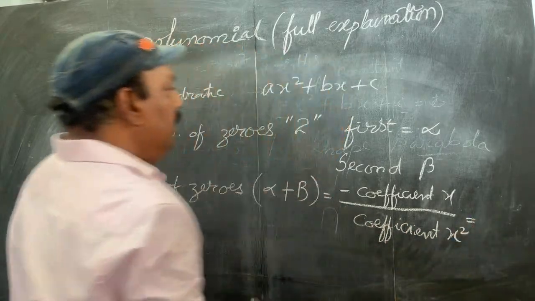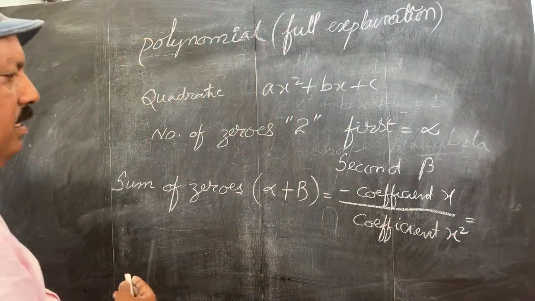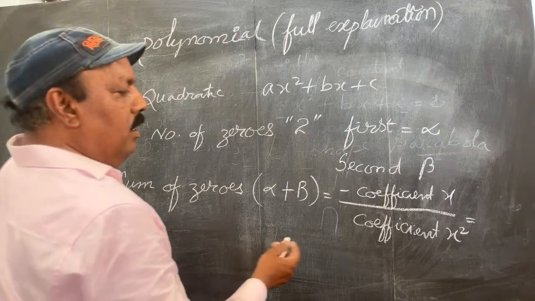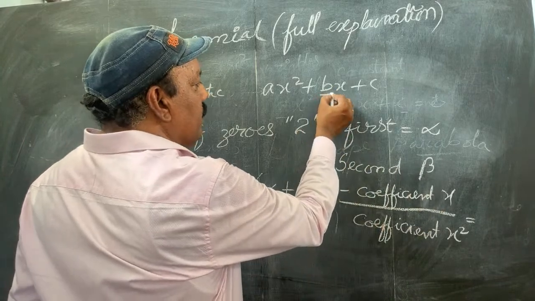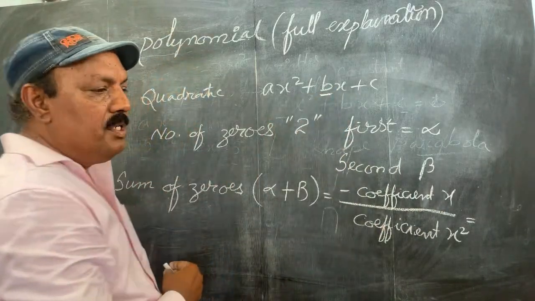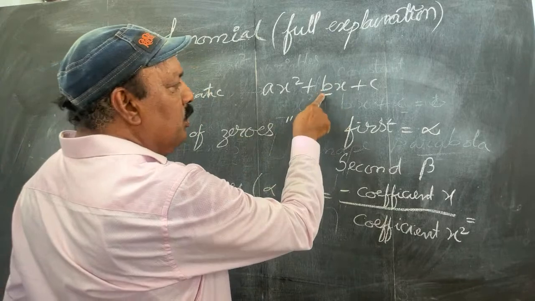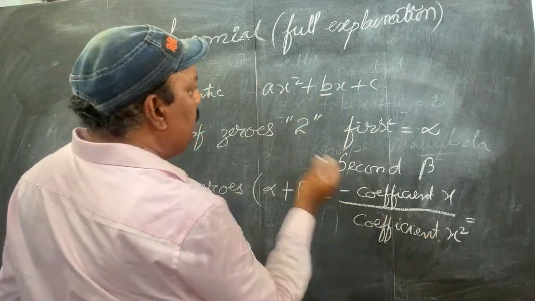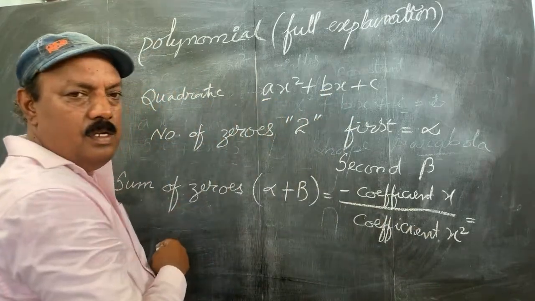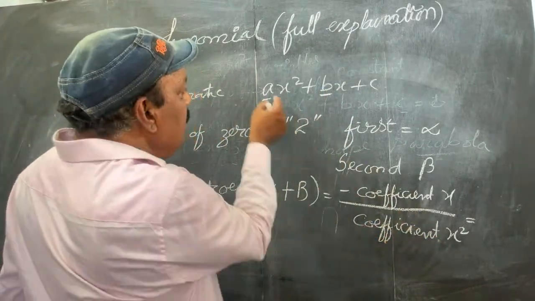Very carefully see here: the coefficient of x is b, and the coefficient of x square is a.